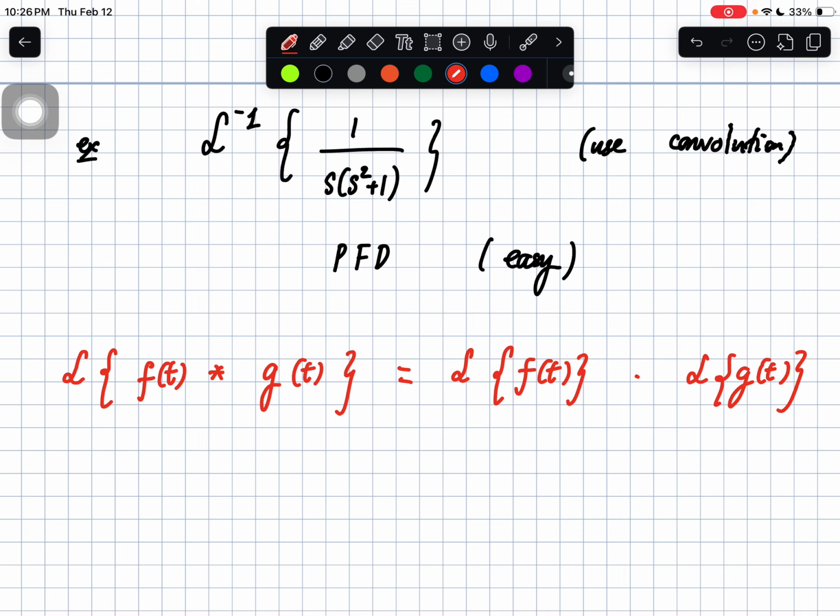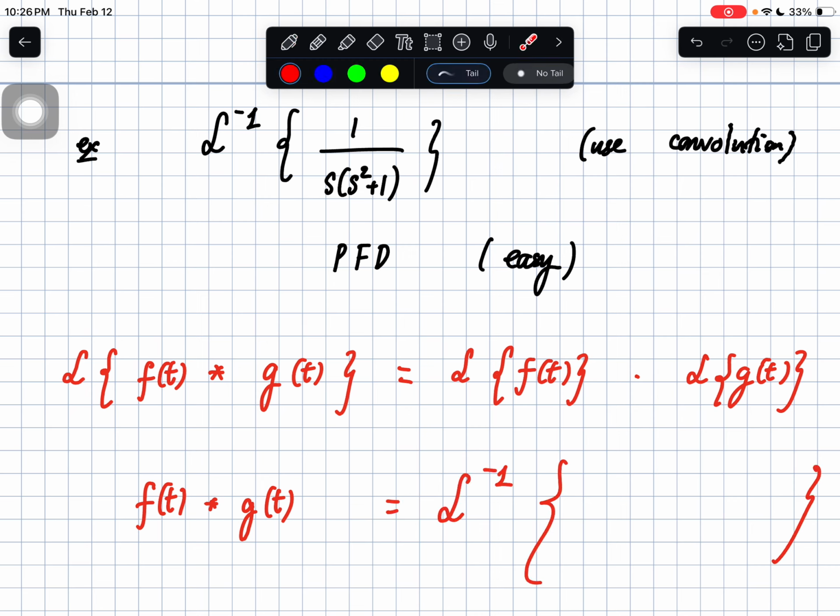So if we do the inverse transform, we get f(t) star g(t), the convolution of f and g, as the inverse transform of the product of these two functions, big F(s) times big G(s), where big F is the Laplace transform of small f and big G is the Laplace transform of small g.